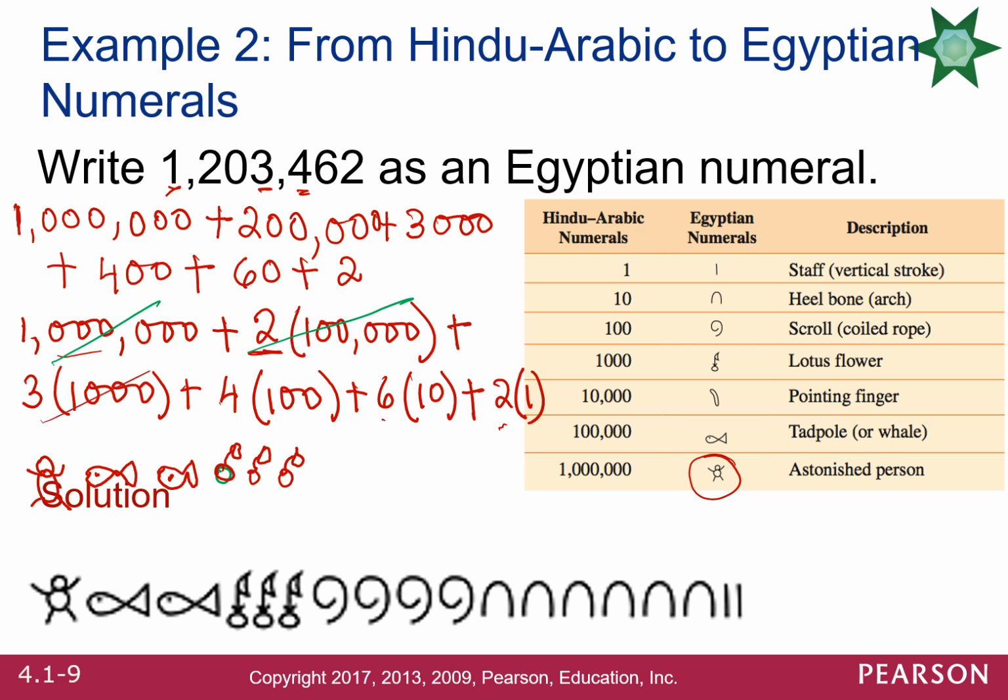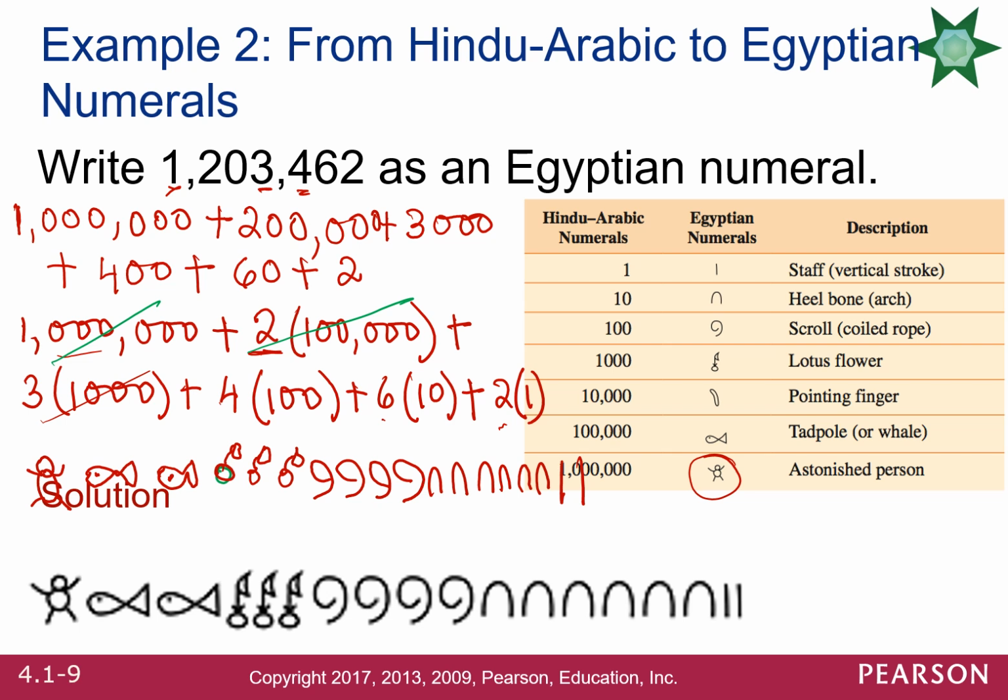So we got our 3000s and then 400s. What's the symbol for 400s? This looks like this here. We need four of these coils. And then what do we need? We need six of the 10. So six of the downturned U's, the arches. So 1, 2, 3, 4, 5, 6, and then two ones, which are two straight lines.